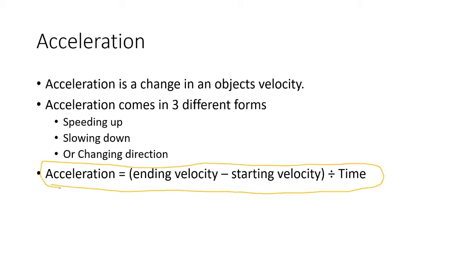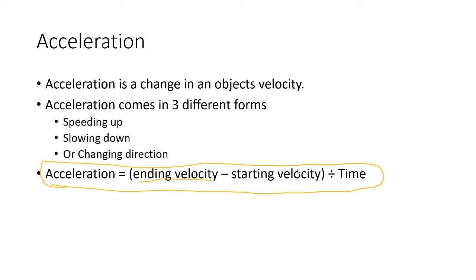So our acceleration is equal to our ending velocity, the velocity we end at, minus our starting velocity. This entire thing, whatever this answer is, divided by time. I think at this point we've done all of our order of operations.